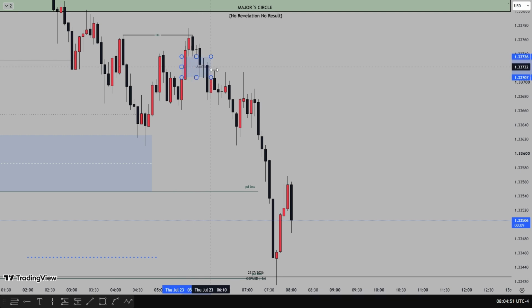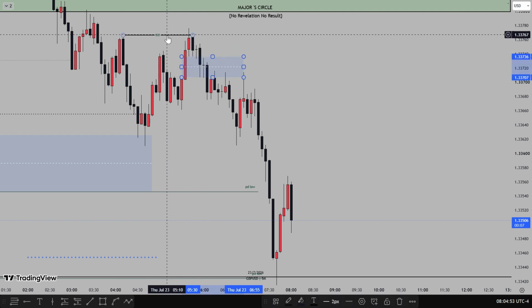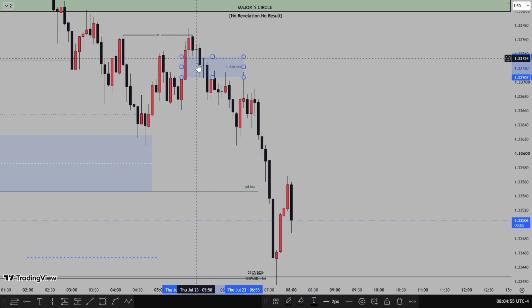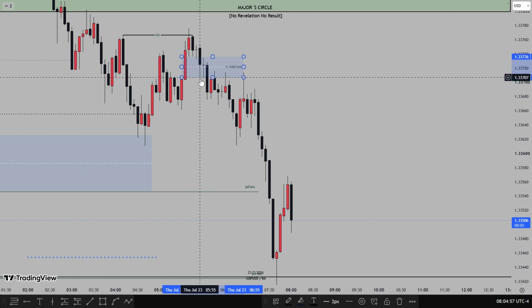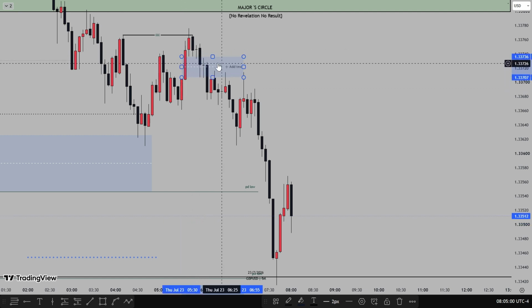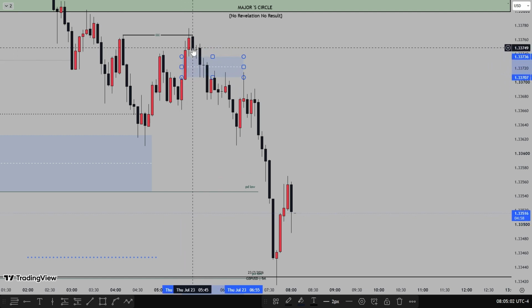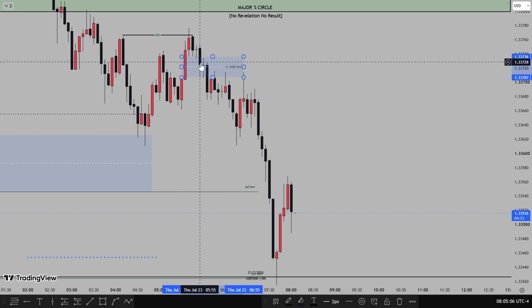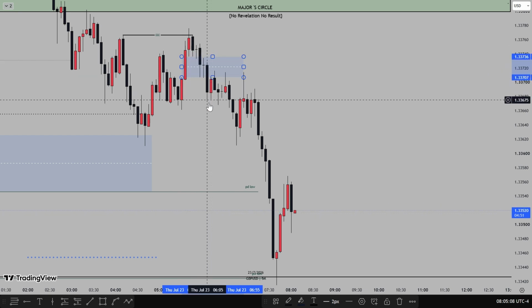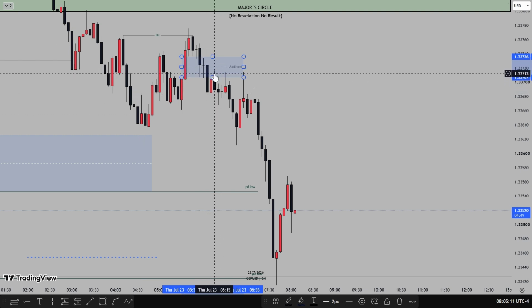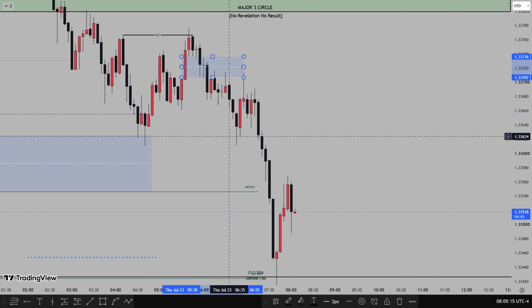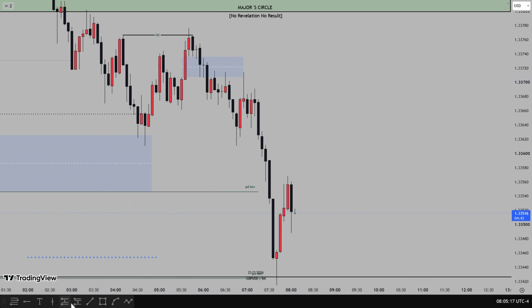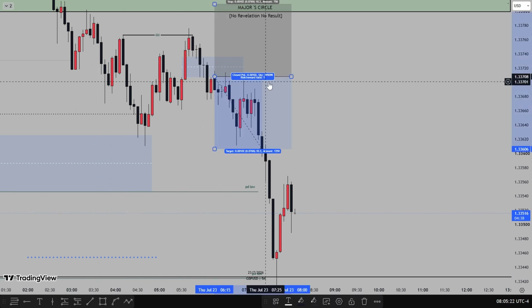So upon price taking out this buy side liquidity and trading into this bullish fair value gap, which has failed, price needs to trade through it. Now with the back and forth movement, it goes through it and then comes back inside it for us to be sure that we are going lower. So that was my entry model for the trade there.